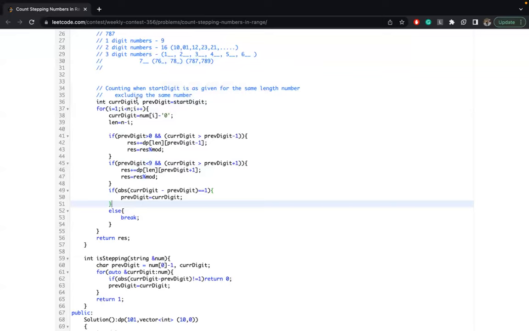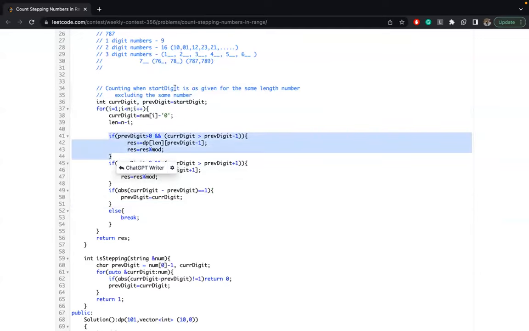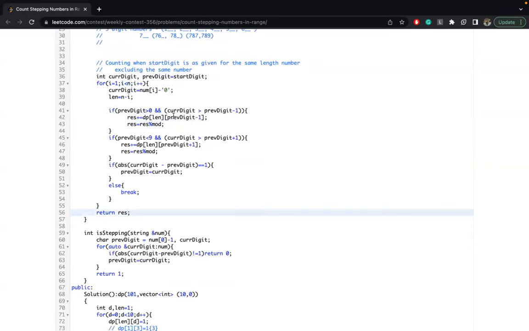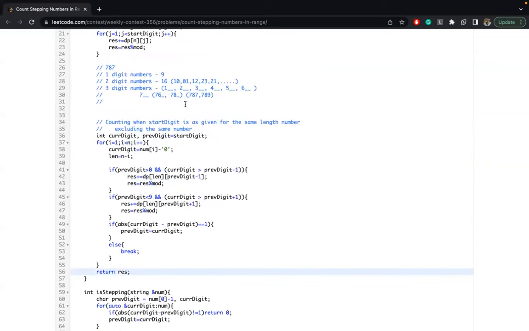So next, it will come to the third digit from the beginning, and for the third digit it will not count here because 8 minus 1 is 7. So the current digit will be 7, and the previous digit is 8, so previous digit minus 1 will also be 7. So these two will be equal, so it will come here, and it will go to the next digit, and the next digit is not there, so i is equal to n, and the result will be whatever DPs and all those things have been appended.